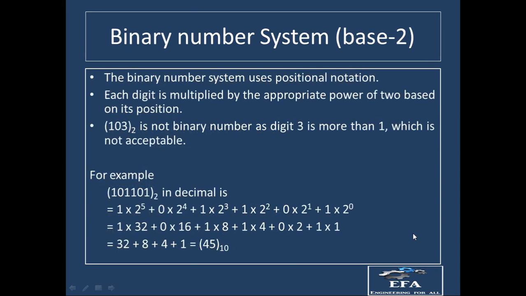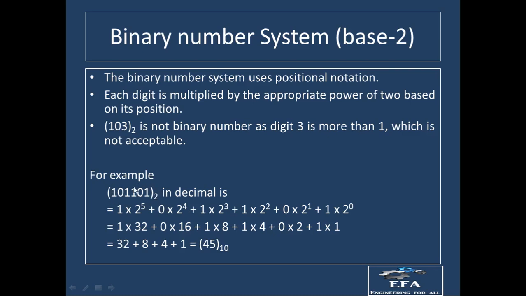Let us see how the binary can be represented in terms of decimal, and what is the significance or the position value of the binary numbers. Let us see an example over here. We are having 1 0 1 1 0 1 with a base 2, that is, a binary number.